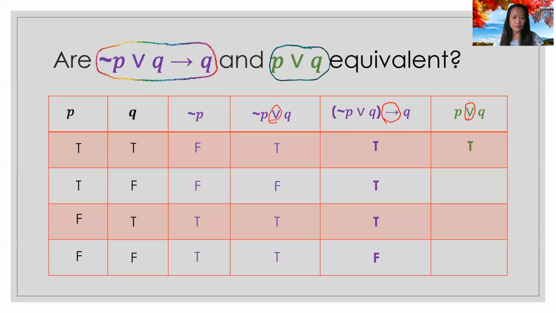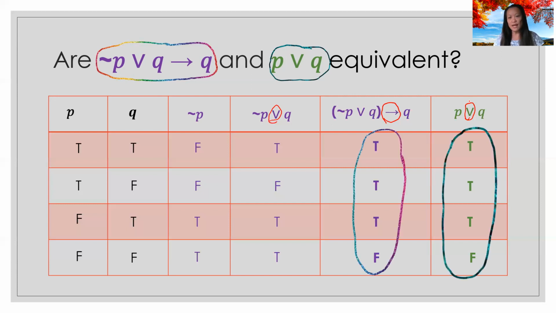True or false is true. False or true is true. And then false or false is false. So when we take a look at the combinations of truth values, we would say they are logically equivalent, okay? And that's what it means to be equivalent statements.